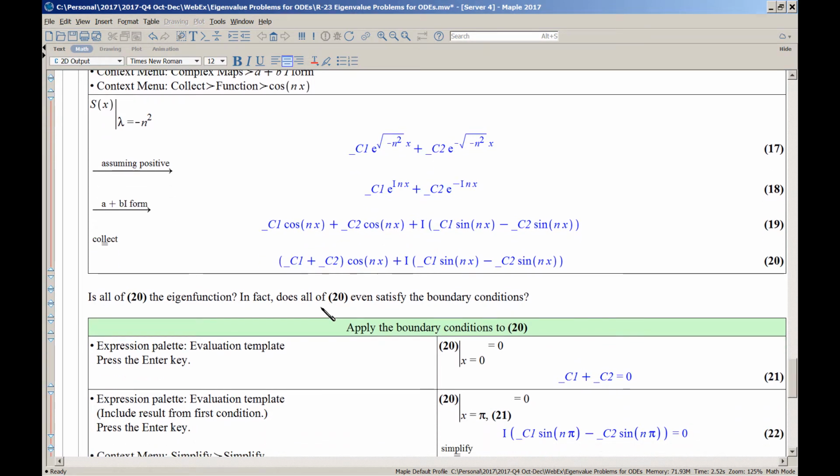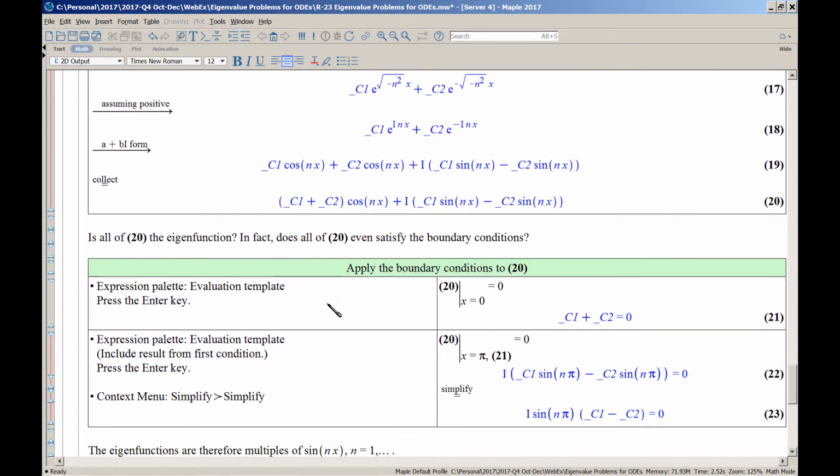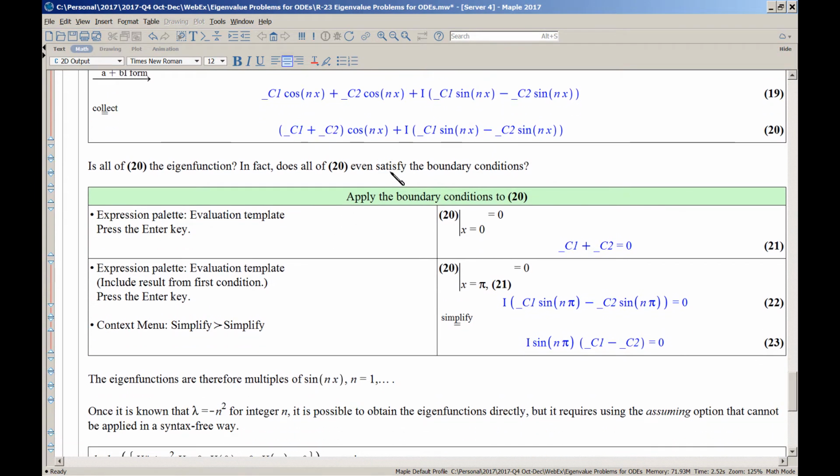Okay? Now, we need to make sure that the information about the boundary conditions is inherited by this expression. So here it has equation labeled 20, and I will set x equal to 0. That has to give me 0. Notice that I get c1 plus c2 equal to 0.